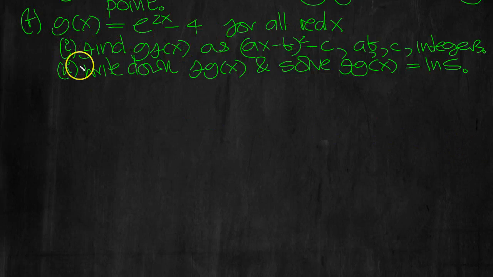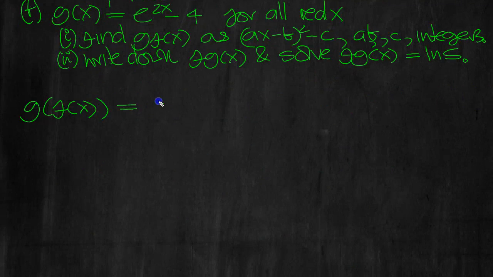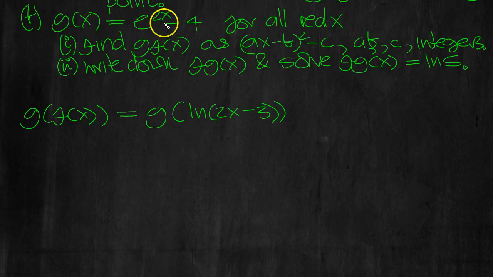Okay, g of x is that, for find g of f of x. So g of f of x then. Now f of x, let's just go back and get it: ln of 2x minus 3. That's g of ln of 2x minus 3, for x is bigger than 2/3. G is equal to this, so it's equal to e to the 2 lots of this object here.